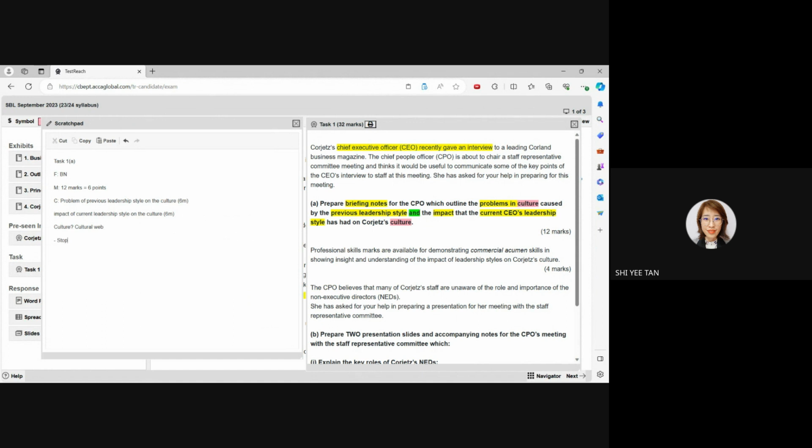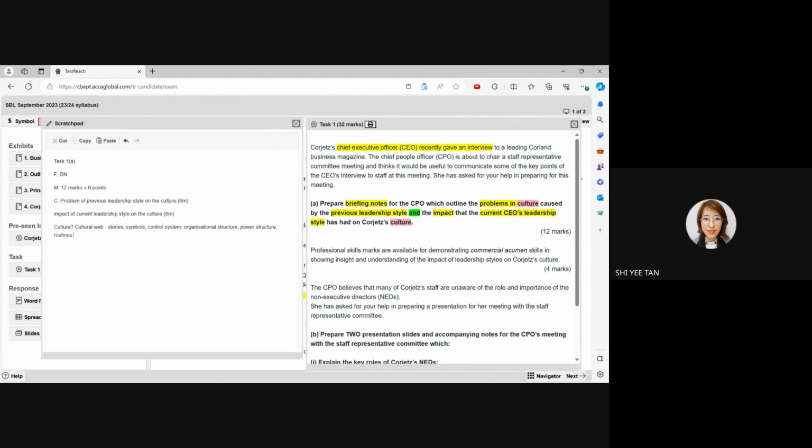Stories, symbol, I mean slogan is one of the symbols. Then you have control system, organization structure, power structure, and then routines and rituals.